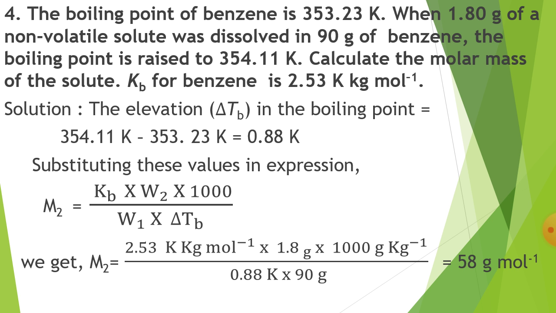Kb is given, W2 is given as 1.8 gram, W1 is given as 90 gram, the mass of solvent benzene, and delta Tb we find from Tb minus T naught b.